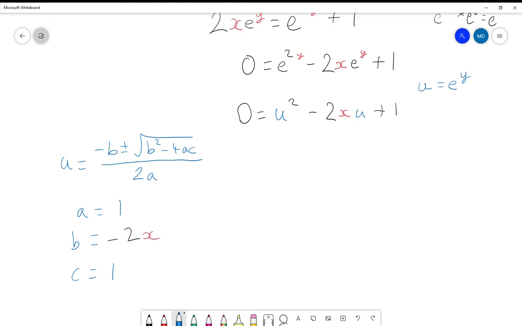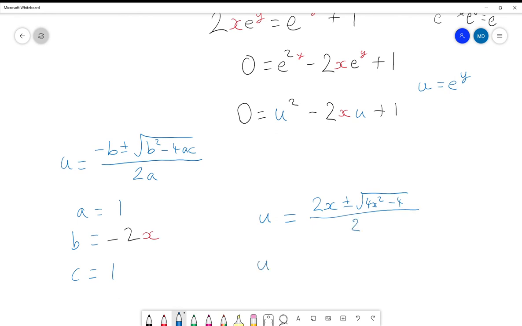And if we plug that in, we can see what we get, and we'll end up with u being equal to 2x plus or minus the square root of 2x squared, so 4x squared, minus 4 all over 2.